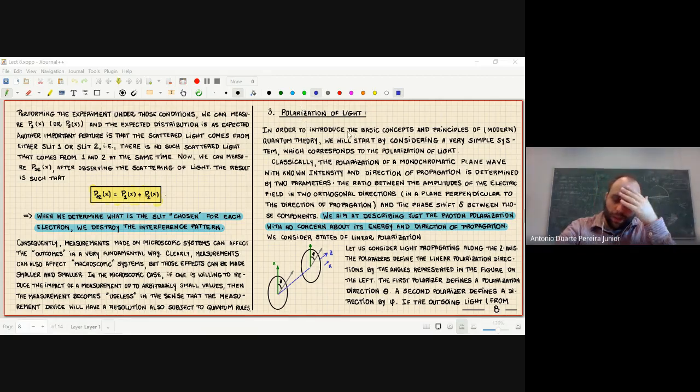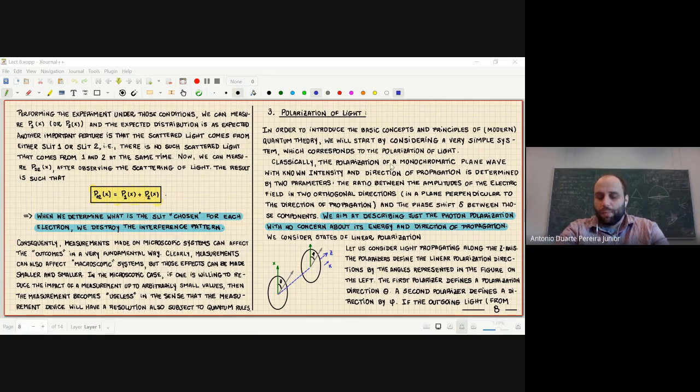So at the classical level, if you want to describe the polarization of monochromatic light, and I'm going to explain more what I mean by that: when I say that, I'm saying that the light that I am studying is of a single color, which, as we have learned, is related to the frequency, or if you prefer, the wavelength of light.